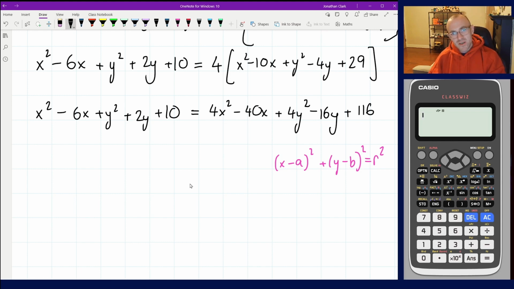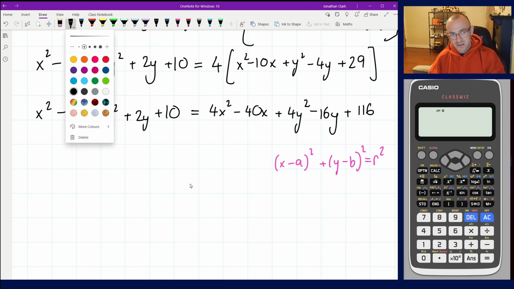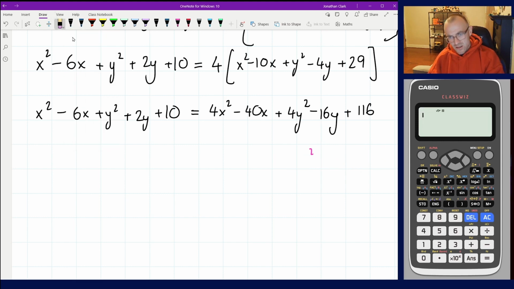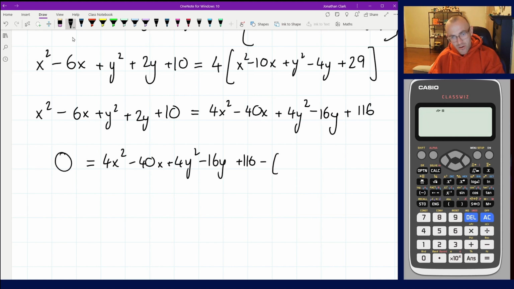I need all the numbers on one side, and I want all the other bits on the other side. That's the plan. So let's try and simplify it. Everything over to the right, I guess, just so that the x squareds and the y squareds will be positive. So take away all of this stuff.